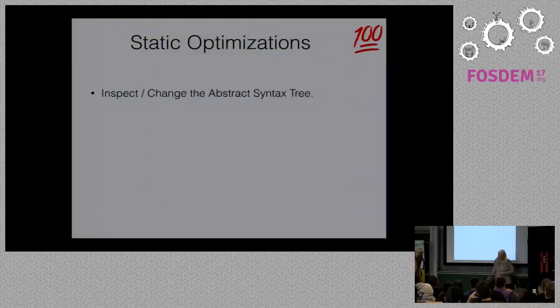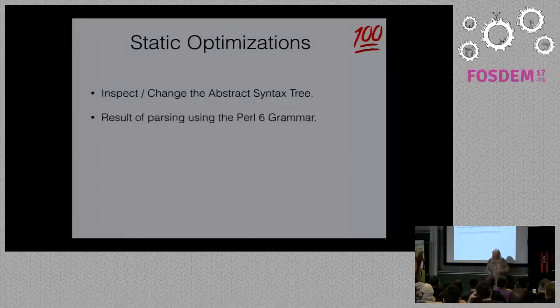So, static optimizations. What it basically does is, after your program has been parsed and it has created an internal representation called an abstract syntax tree, it goes over the abstract syntax tree and finds stuff that it can optimize. And this abstract syntax tree is a result of both the grammar and the actions.